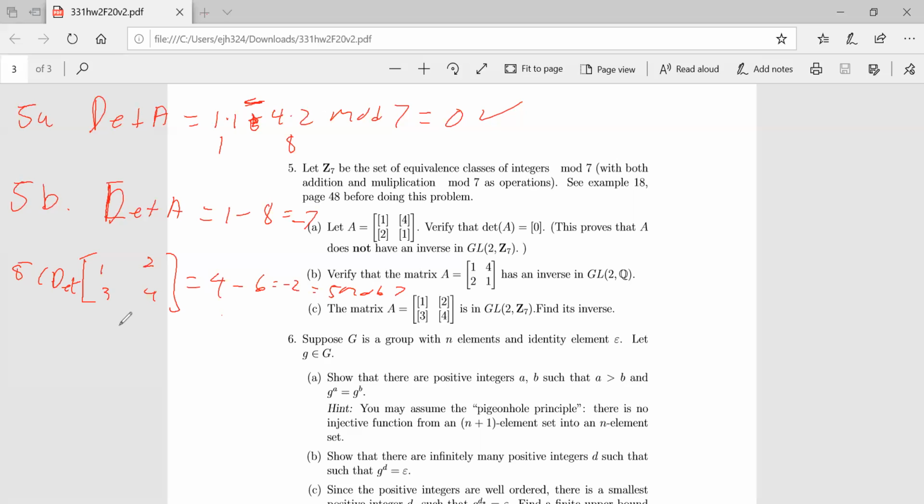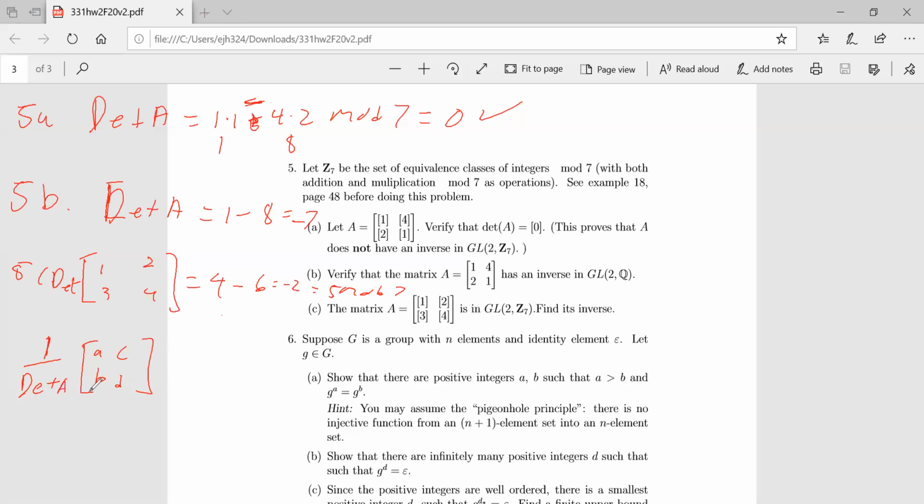You take 1 over the determinant, so it's A, D, with C and B. Is that the correct form there?